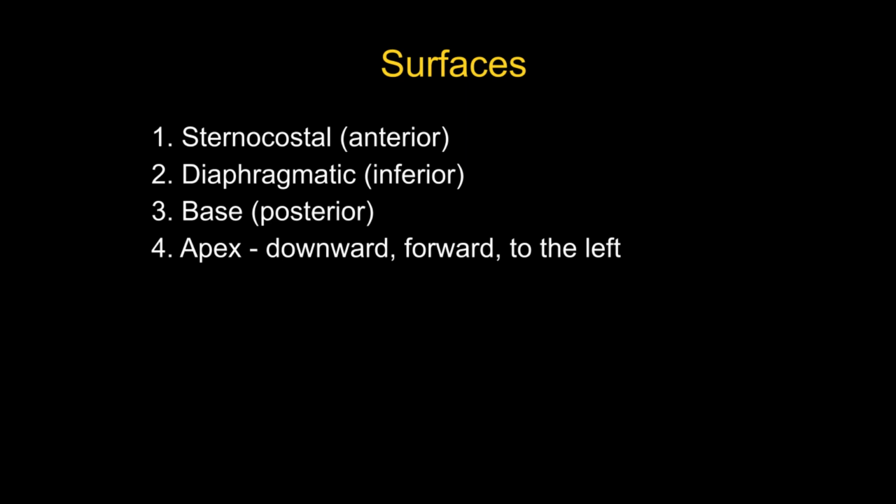Logically, this means that this is the part of the heart that faces the sternum and the ribs in front. And then, again common sense, the surface of the heart that faces downwards, looking at the diaphragm, is the diaphragmatic surface. Whereas the part that faces the spine is called the base. This is the posterior surface of the heart.